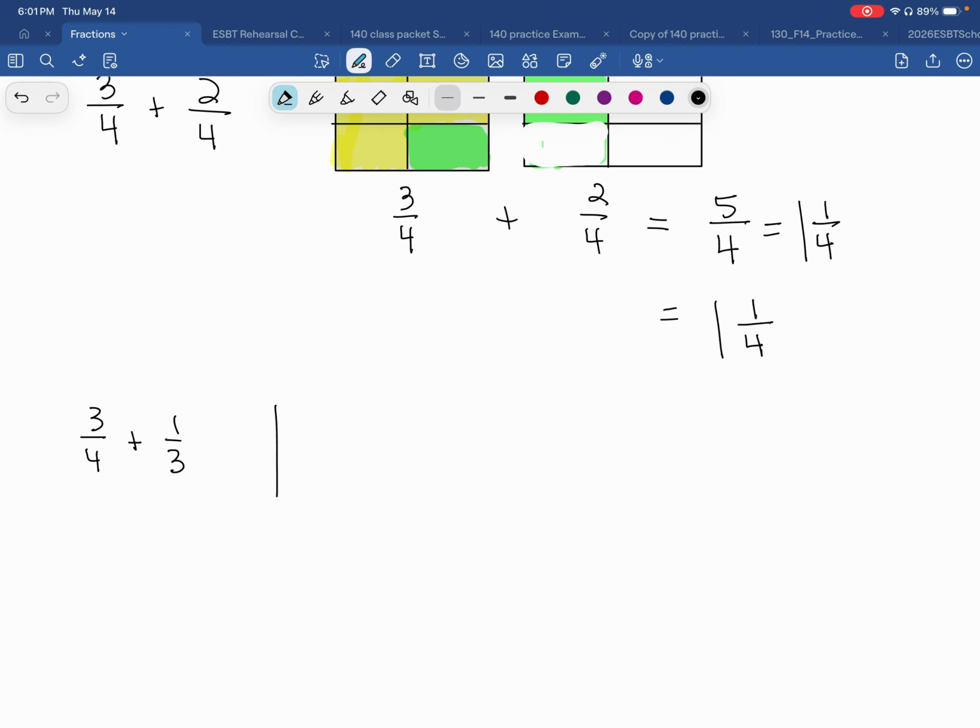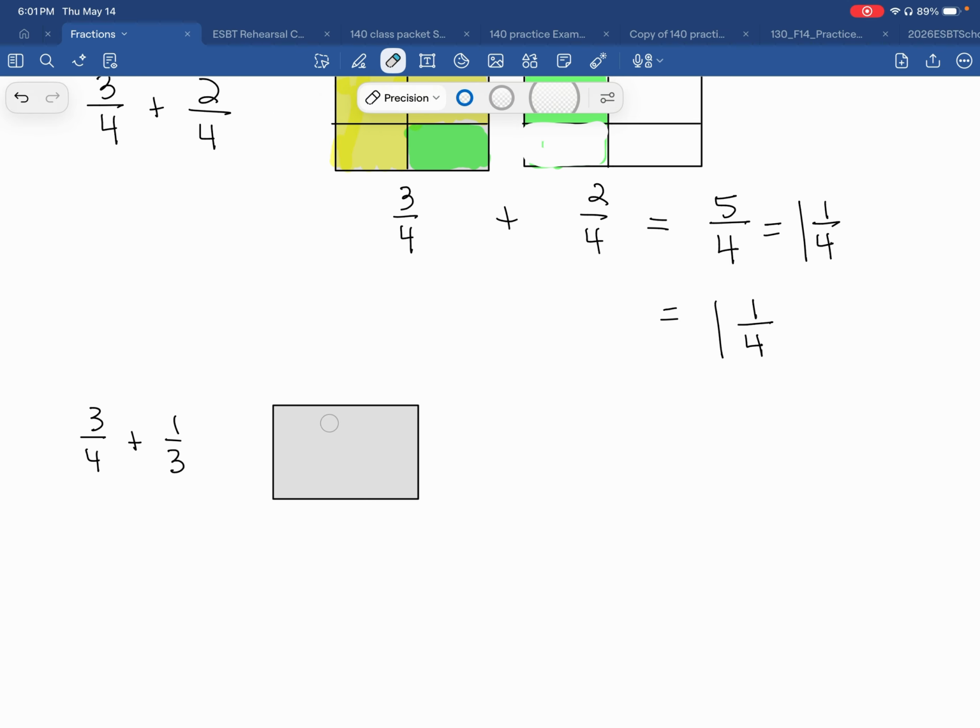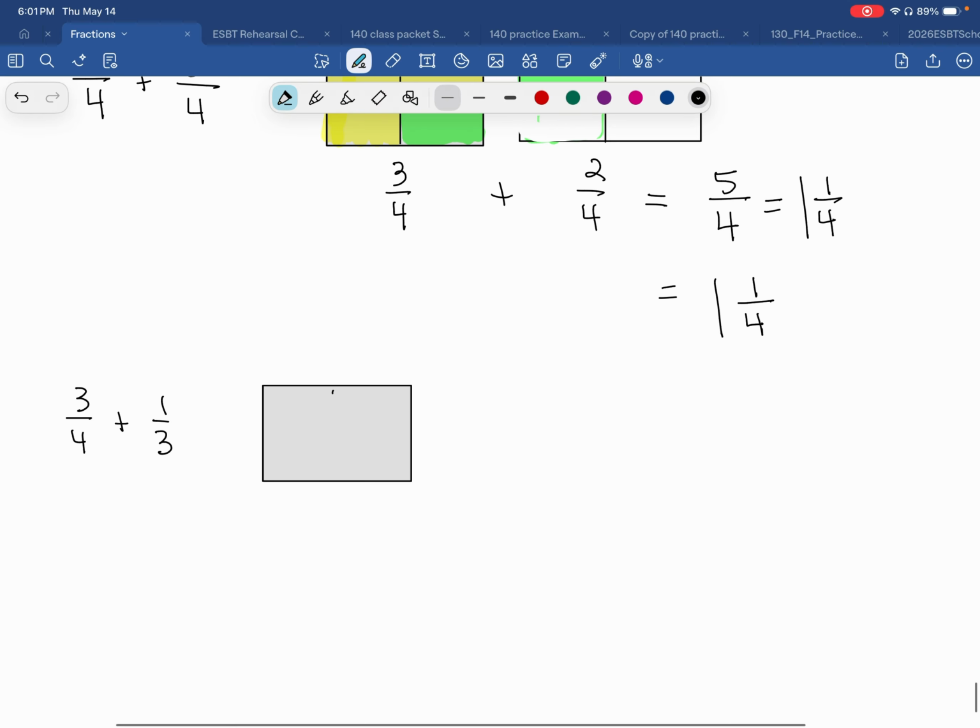So I'm going to start with that same box. And this time, instead of cutting it sideways and vertically, I'm only going to cut it vertically so that I can be consistent. And I'm going to shade 3 of the 4. Okay, so there's my 3/4.